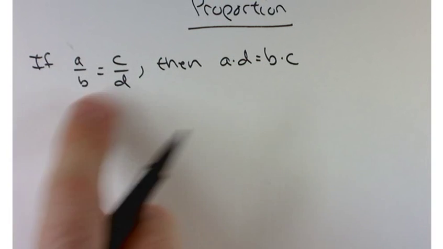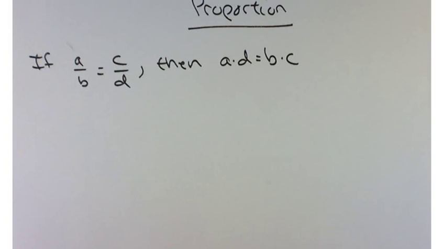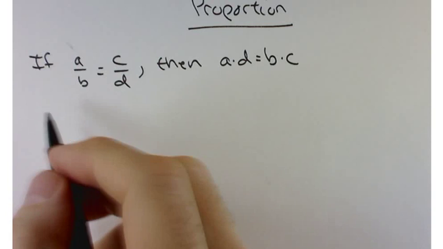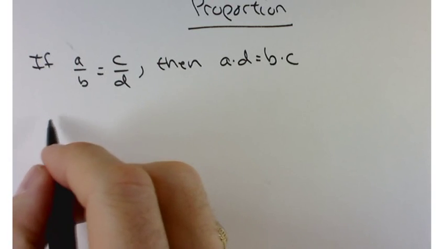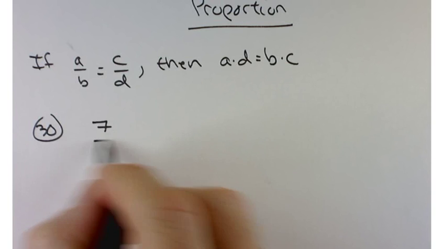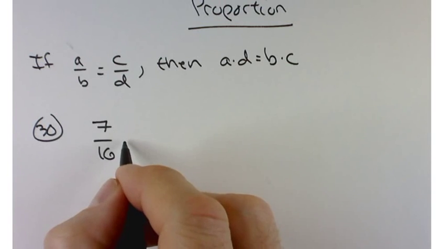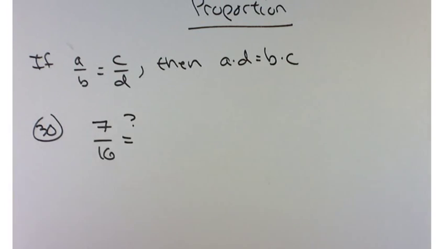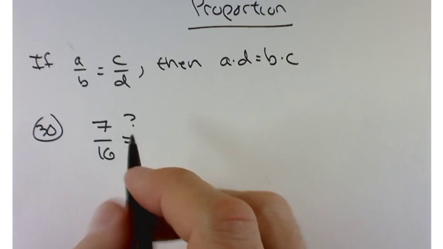Now, we're first going to start out by figuring out whether or not things are in proportion. So we'll do an example here. Problem number 30 is 7/16 a proportion with 3/7.